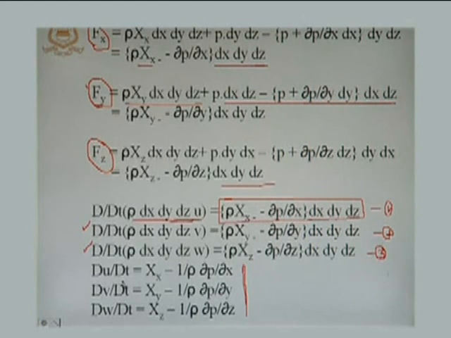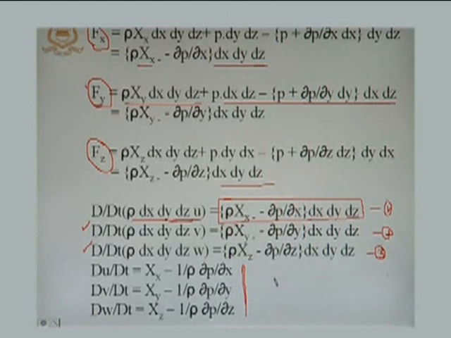With the help of this equation, what is du over dt? This is the total derivative in the x direction. This may be written as del u over del t.